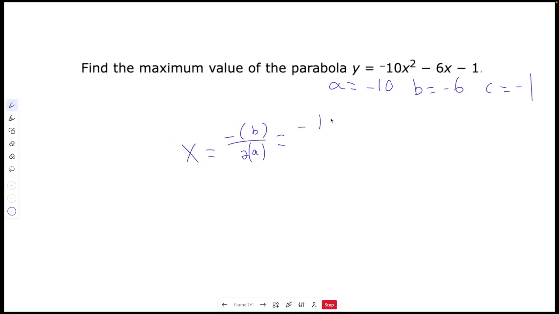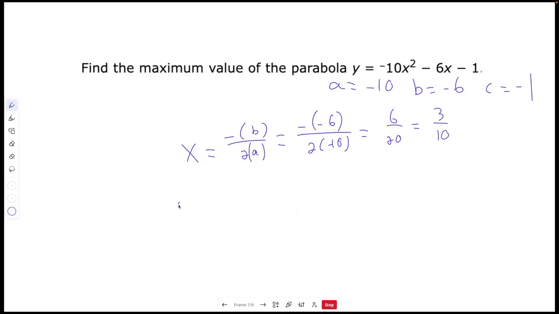We get -6 over 2 times -10. This gives me 6 over 20. This can be reduced, and it will give me 3/10.